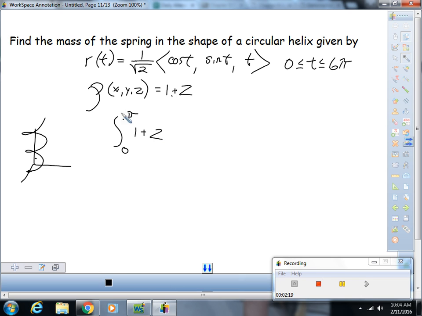Sorry, 6 pi, thank you. But what are we going to call this z? We don't want a z there, we want a t there. What does z equal? Z equals t right here. Okay? So we're going to change that to a 1 plus t.